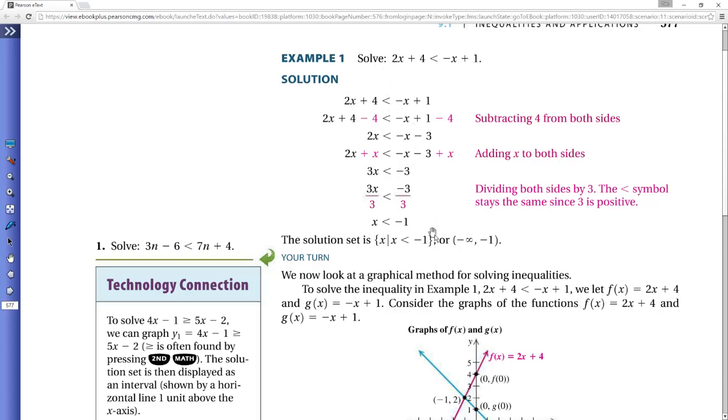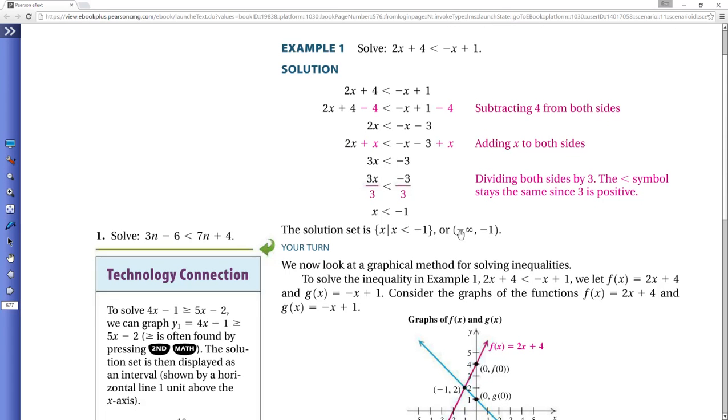Okay? So a very good method to do this is set notation. Again, this is how this reads. This is a set of x such that, that little pipe symbol, such that x is less than negative 1. Now here's another way to represent this, interval notation. They put rounded brackets around this, and they say negative infinity, comma, negative 1.